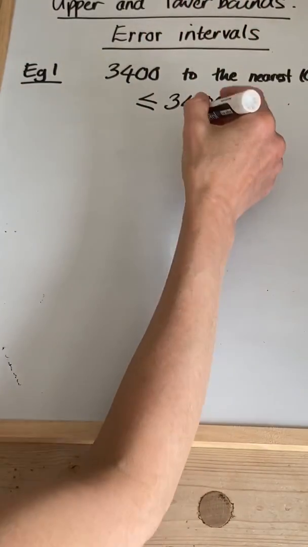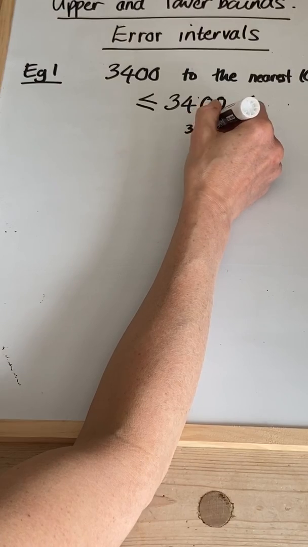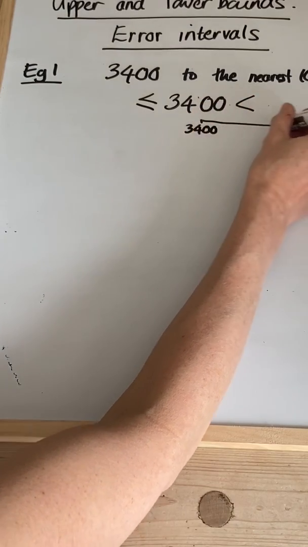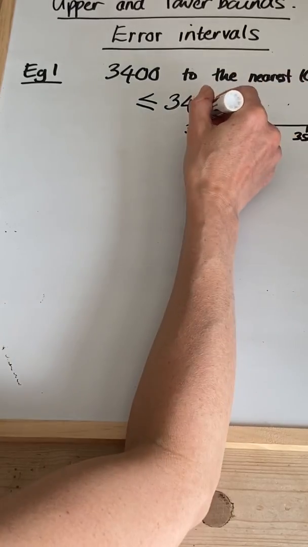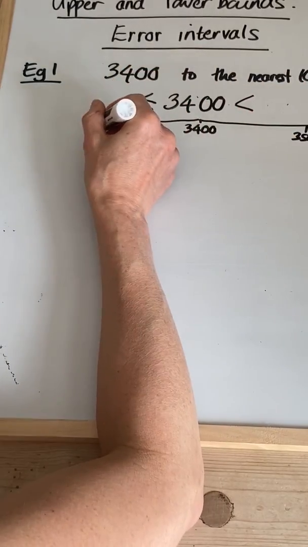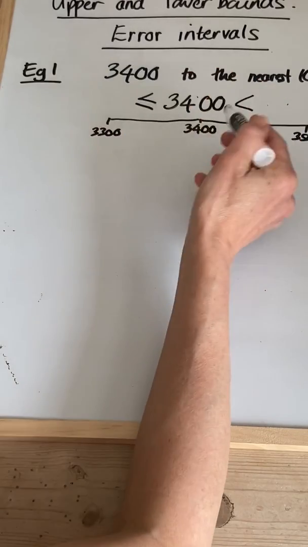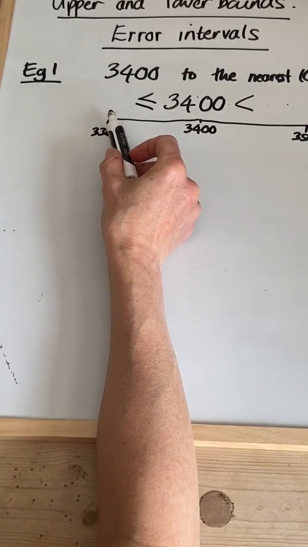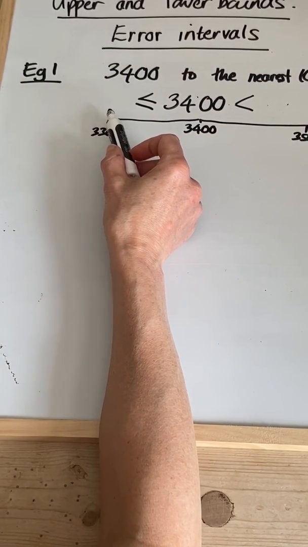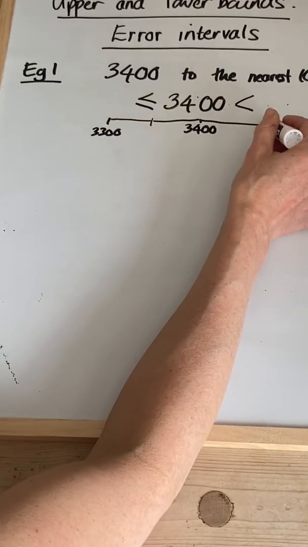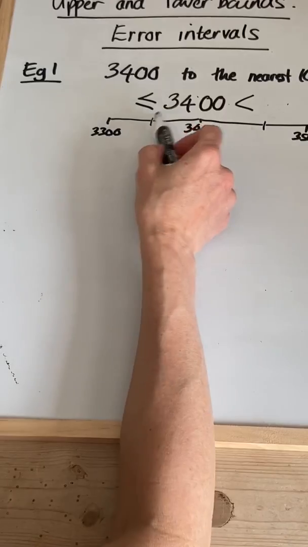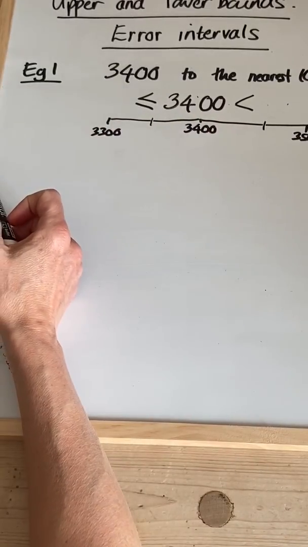If you like, we can still think about the number line. So 3,400 on the number line. We're going to the nearest 100, so 3,500 would be the next one up, and 3,300 would be the next one down. We look at the intervals on either side and we split them in half.